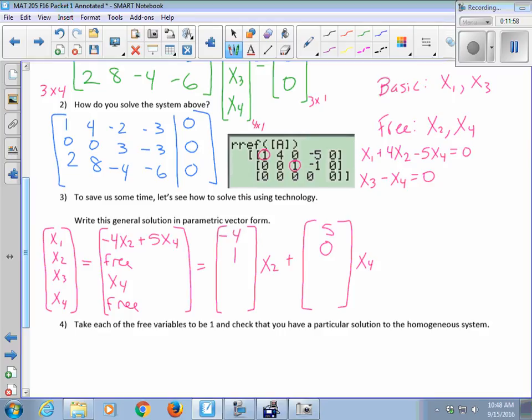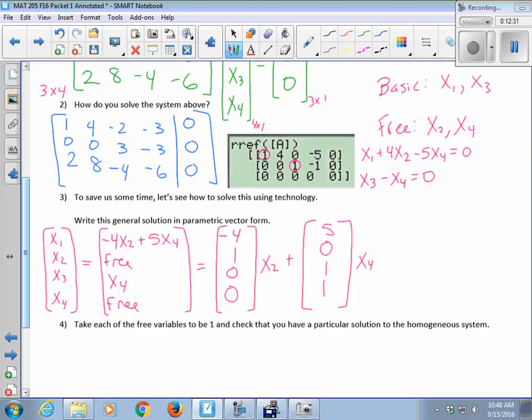So I have no x2s and one x4. And then in my x4 position, that's free, so I have no x2s and a single x4. So that's called parametric vector form. Parametric because we used the free variables as parameters, vector because we have vectors in our answer.